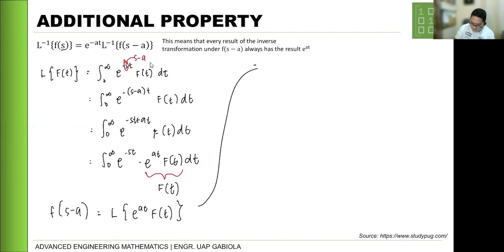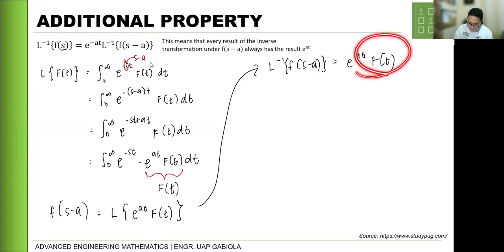Then when we perform yung inverse Laplace transform niya, we can say na this is also equivalent to L negative 1 of f of s minus a is equals to e at f of t. Okay? Then when we have this, we can substitute back yung value ng f of t mula dito sa original natin.